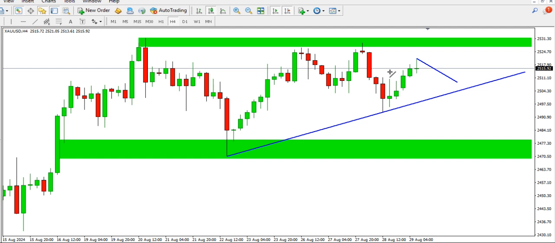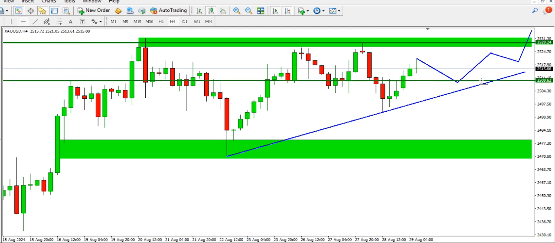to range into a smaller point where it breaks out to the top. This is likely. There are sellers at this level. I'm talking about the 2529 level, while buyers continue to push price up.